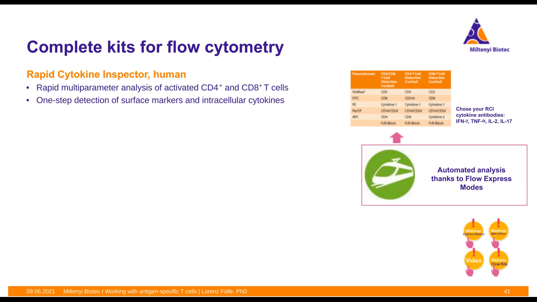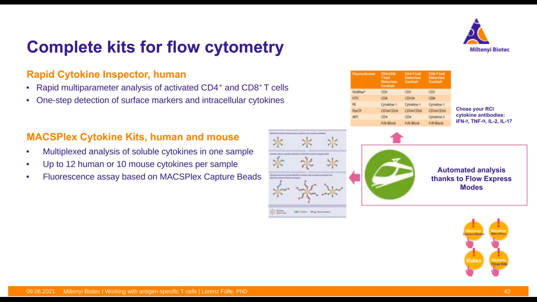Apart from the REAffinity antibodies and the SARS-CoV-2 T cell kits, we also have other very convenient and ready-to-use flow kits. For example, we have the Rapid Cytokine Inspector, which ensures a rapid multi-parameter analysis of activated CD4 and CD8 positive T cells. It basically does that by one-step detection of surface markers and intracellular cytokines.